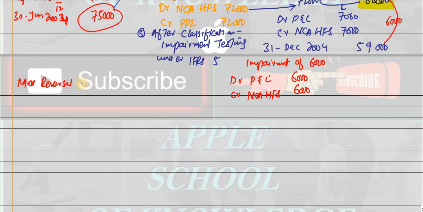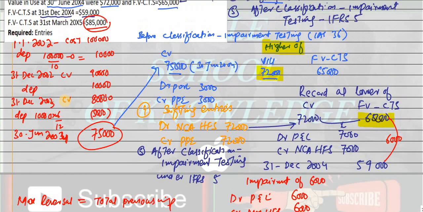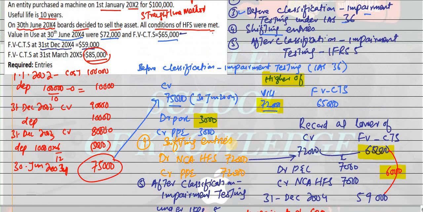So the previous impairment, if we calculate, is the total previous impairment. Now the first impairment is, I think, let me write here, wait. The first impairment is this one, then we have this one with another impairment.